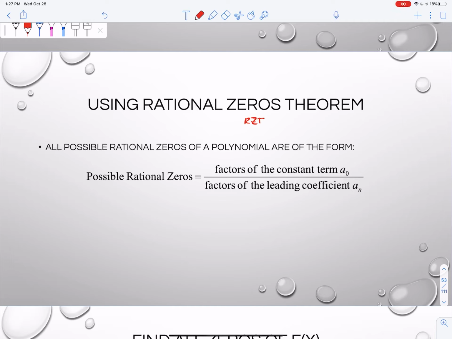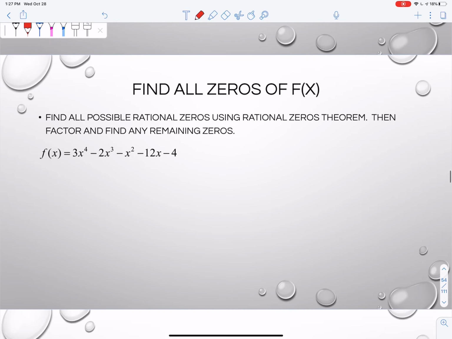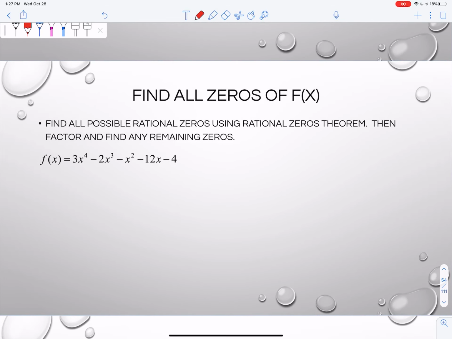Okay, so let's take a look at the next example, because I think this is probably going to make a little bit more sense once we put one in front of us. So let's say I have the following polynomial: f of x equals 3x to the 4th minus 2x cubed minus x squared minus 12x and minus 4. It's 5 terms. It's not going to factor by grouping.